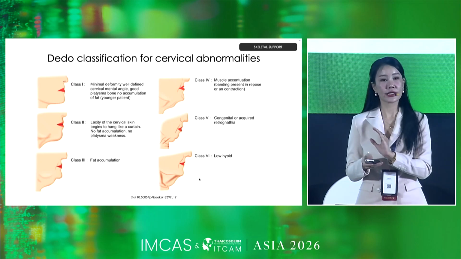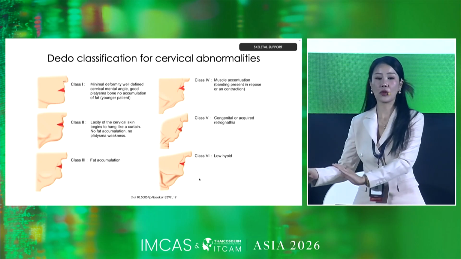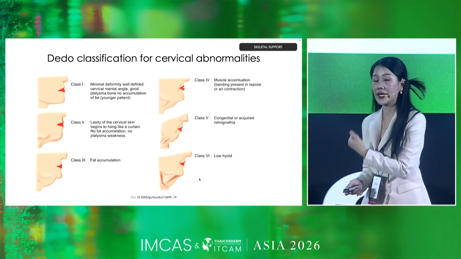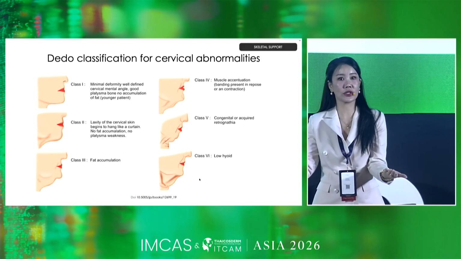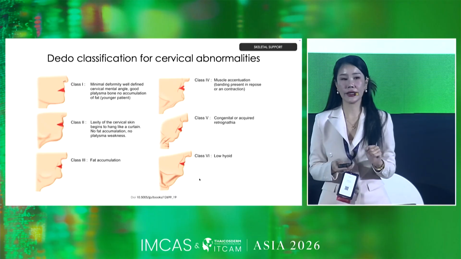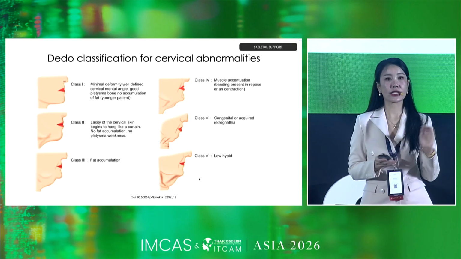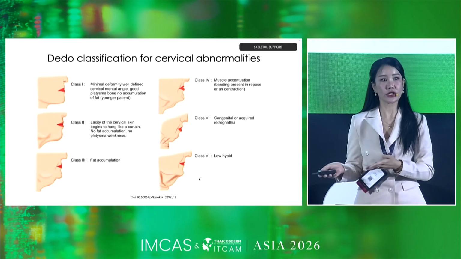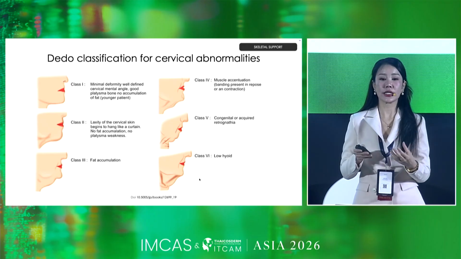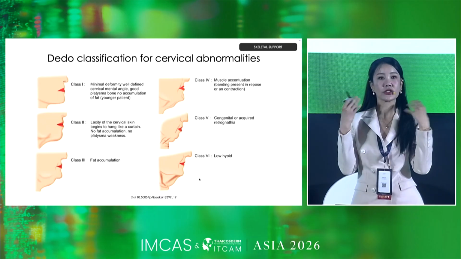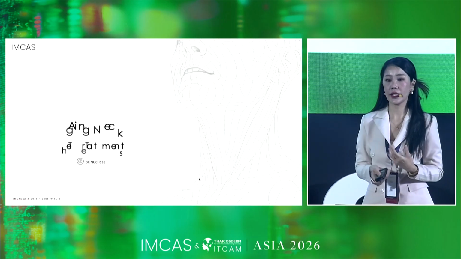If they say no, she wants to go from class 4 to class 2 or maybe class 1, I say, okay, then you might not be a good candidate for aesthetic treatment. You have to do a surgical one. So we can set real expectations for our patient. And with this picture, our patient can also keep the picture for the future.